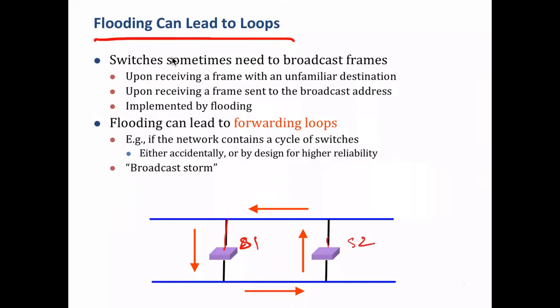So there will be flooding here. Flooding can lead to a forwarding loop, and the switches will continuously forward the packet. As a result of that, the network will be totally choked.